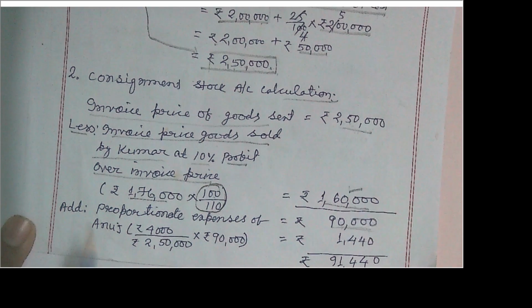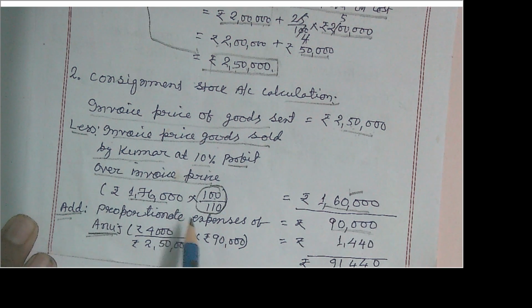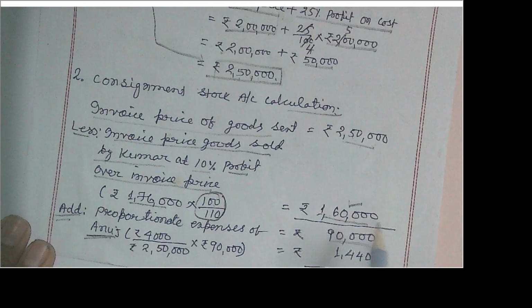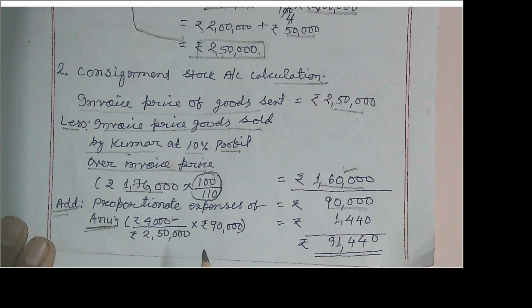Okay, then we are regularly doing it. Add proportionate expenses of the consignor, that is, all consignor expenses shall be taken into account. You see here consignor expenses is given as only 4,000.